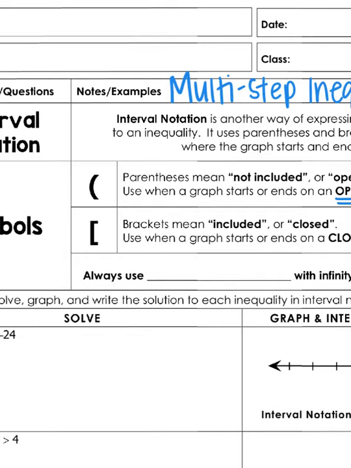If we are talking about a closed circle, that is where we are using the less than or equal to symbol, or the greater than or equal to symbol.